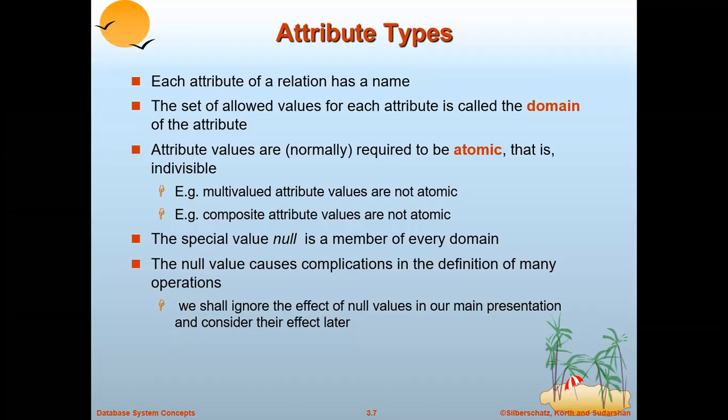Attribute values are normally required to be atomic, that is indivisible. But there are exceptions: multi-valued attributes and composite attribute values are not atomic. If no value is there, then by default a null value will be there inside an attribute. So null is a member of every domain.